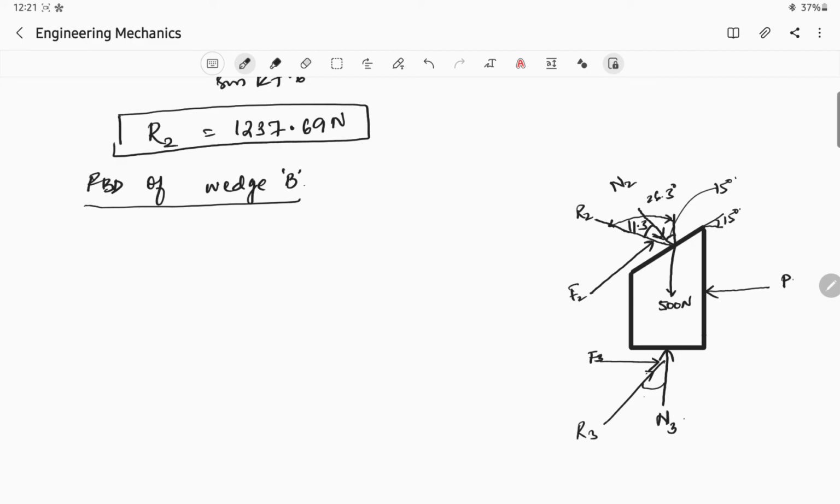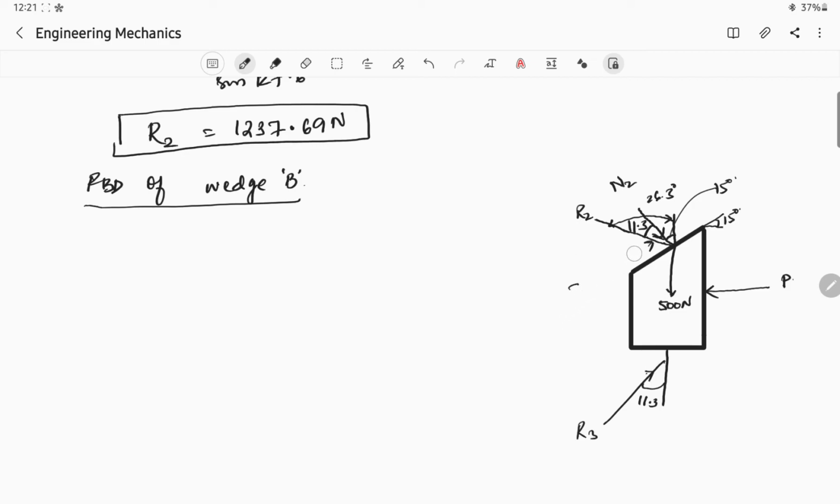Okay, so here also at N3 and F3 we will have R3, which will make an angle of 11.3 degrees with the normal reaction. Once we get all the forces, that is R2 and R3, we consider only the resultant, that is, we will consider only these forces.